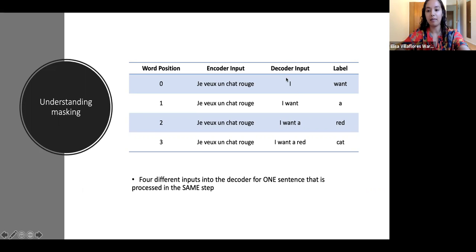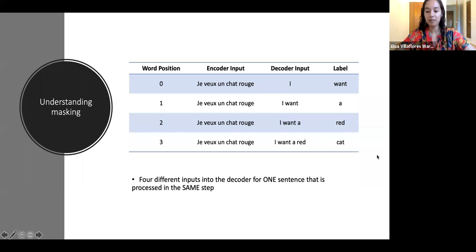We can turn this sentence into 4 different examples. For example, if our input is I want, then our label should be a. If our input is I want a, then our label is red.